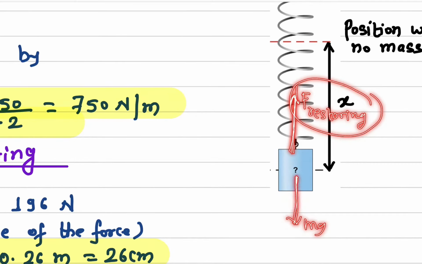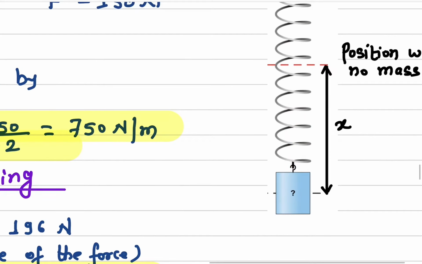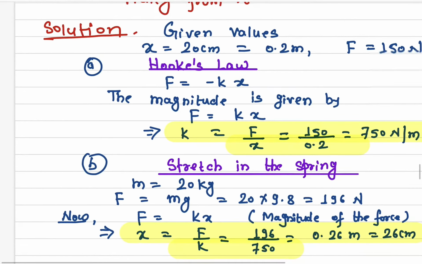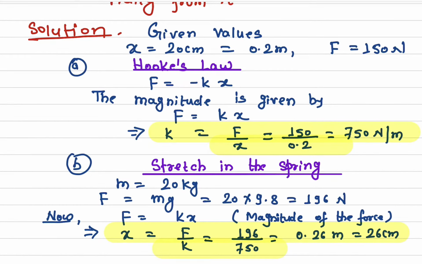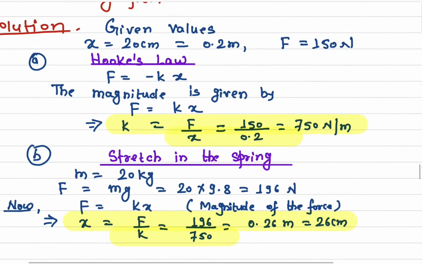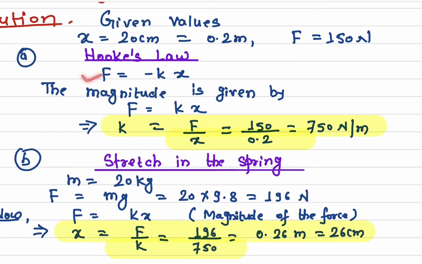The more we pull it down, the more the restoring force will be. That means the restoring force and the displacement are in opposite directions. That's what the negative sign means here. If we do not use the negative sign, if we just use F, then that means this is the applied force. With the negative sign, that means the restoring force.